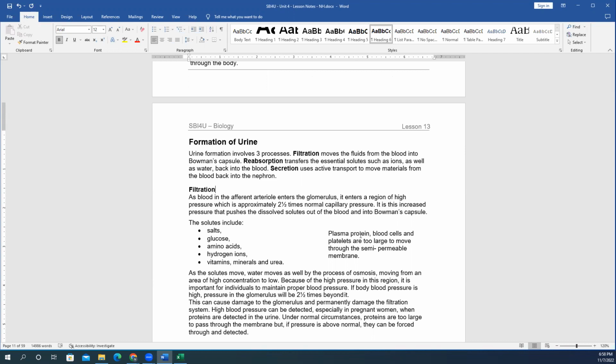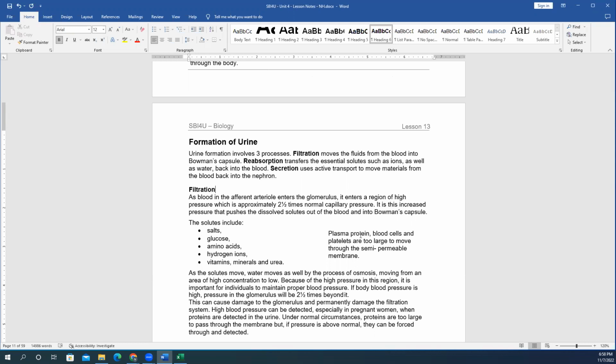Whatever your blood pressure is, the pressure in your glomerulus, if you can imagine, will be 2.5 times higher. And if blood pressure is already high and the pressure in the glomerulus becomes even higher, as you can imagine, this can cause a lot of damage to the glomerulus and even permanent damage to the filtration system.